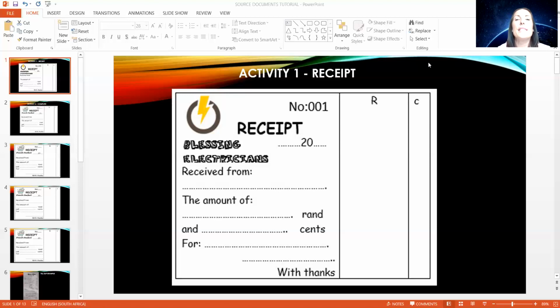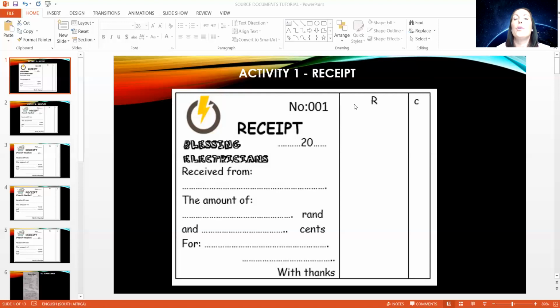So if we have a receipt book, one that you would perhaps buy from P&A or C&A, you will see that the receipt books are usually printed in duplicate. So that means you will have two of the same receipt. So here on the screen where you see number 001, there will be another receipt in the receipt book that's also numbered 001.